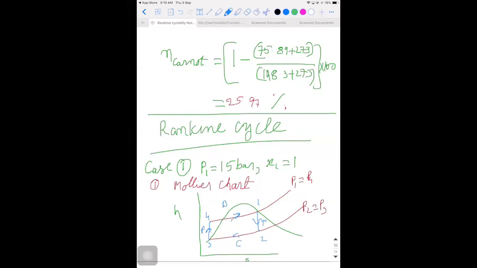So in the Mollier chart, you have to draw this, and please note S1 is equal to S2. This is the point you have to keep in mind.